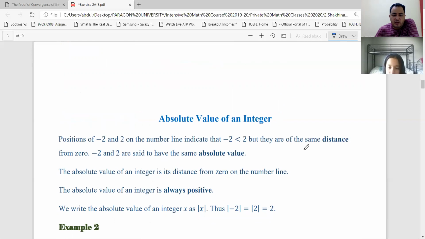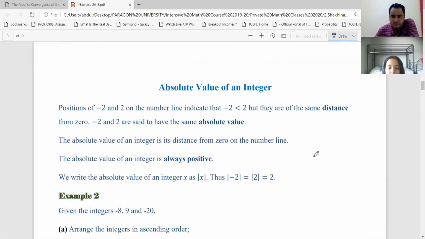Now, another thing: we have the absolute value of an integer. When you say absolute value of an integer, we mean how far a number is from 0, the distance between that integer and 0.